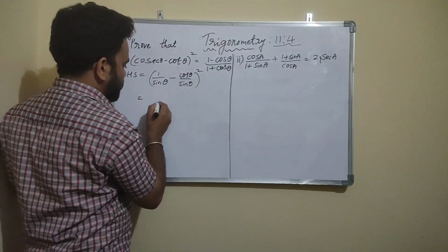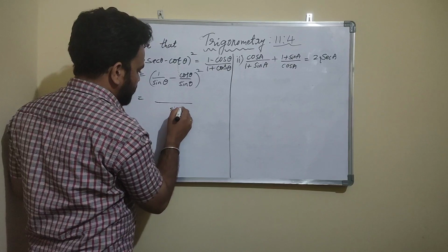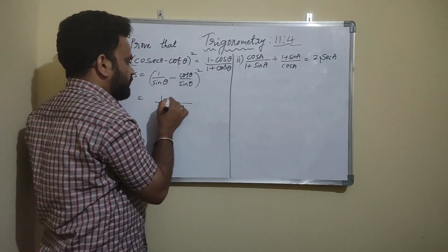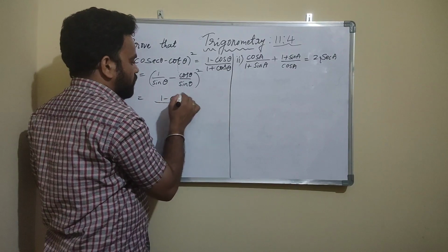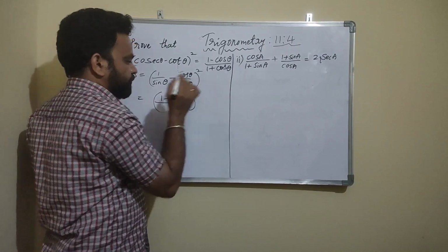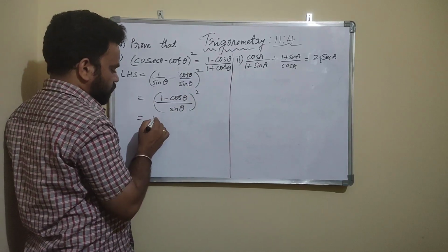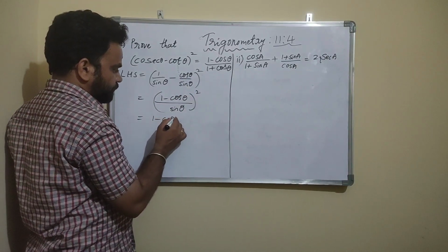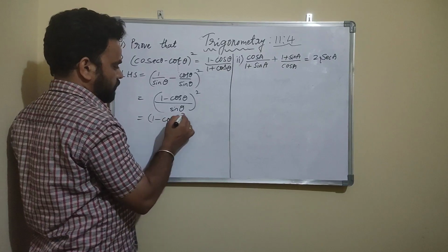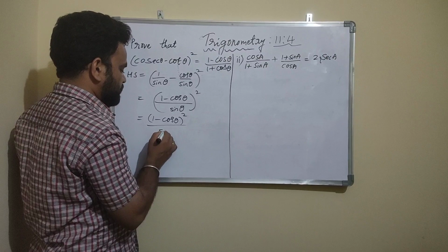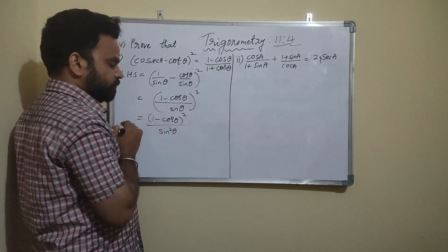So now what I will do, I will take LCM here. Here also sine theta, here also sine theta, here also sine theta, right? And the numerator what we get is (1 minus cos theta) whole square. Now I will write this whole square separately, (1 minus cos theta) whole square divided by sine square theta, right?